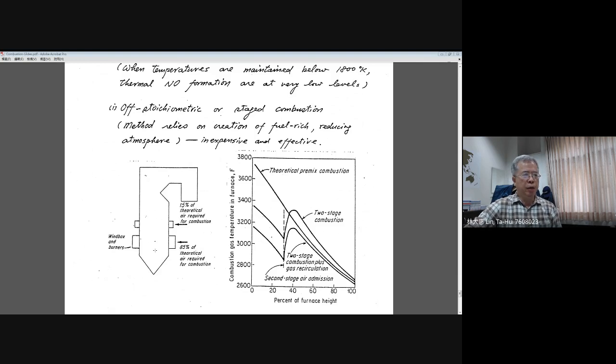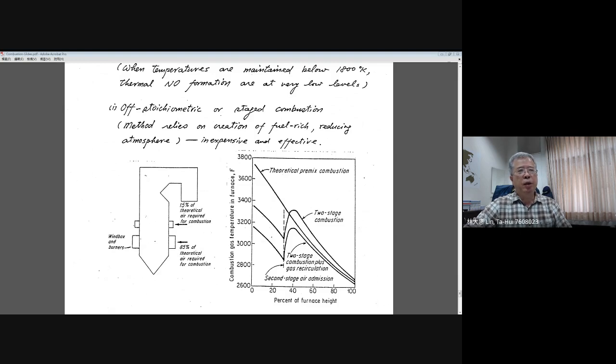By this arrangement, the lower portion relates to rich burning, and the upper part remains lean burning. By this kind of arrangement, all the temperature in this region will be controlled lower than 2000 K. Then you may not have too much thermal NO produced.